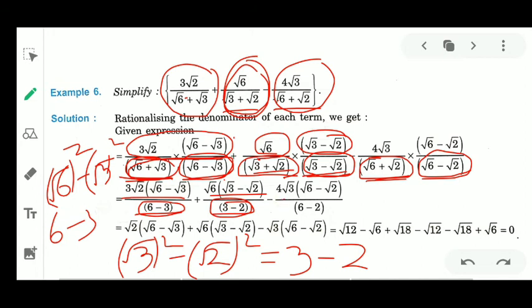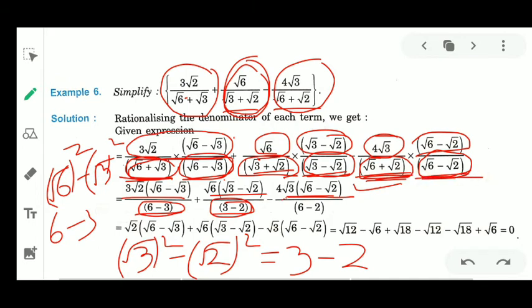Then 4 root 3 into root 6 minus root 2. So 4 root 3 into root 6 minus root 2. Clear? In the denominator, root 6 plus root 2 multiplied by root 6 minus root 2.